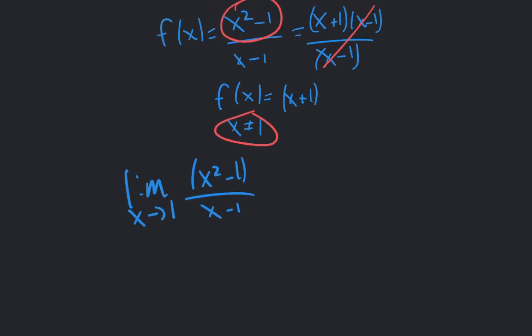The limit as x approaches 1 of x squared minus 1 over x minus 1. If we were to plug in 1 for this instance, 1 squared minus 1 over 1 minus 1, this gives us 0 over 0, and that is an indeterminate. It's not even just division by 0, it's just 0 over 0. We can't really understand what that means.